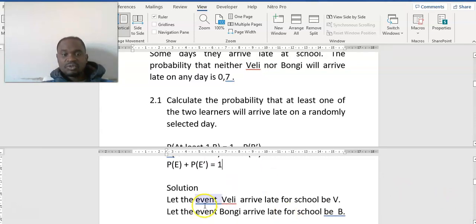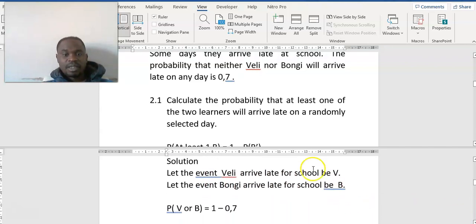So we let the event Valley arrives late for school to be V, and the event that Bongani will arrive late for school to be B.